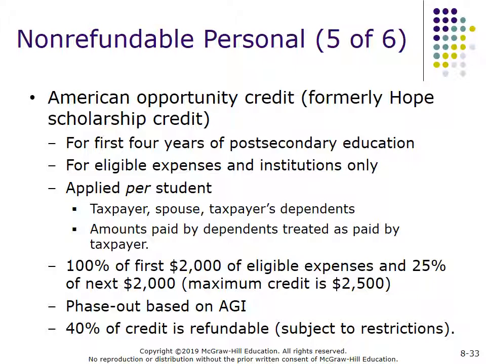So of the $2,075, we would take how much is the AGI above the lower end of the phase out. So it's $2,000 above it. 2,000 divided by the phase out range of 20,000, 10%. So 10% of the 2,075 would not be allowed, or 208. So there would still be an American Opportunity Credit of $1,867.